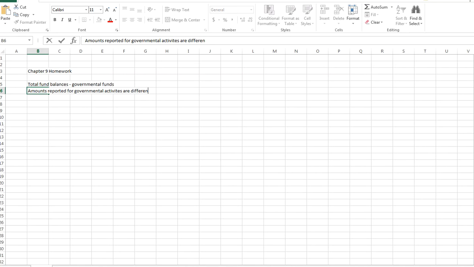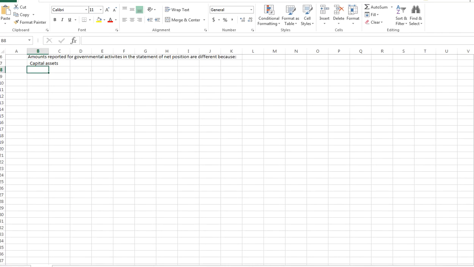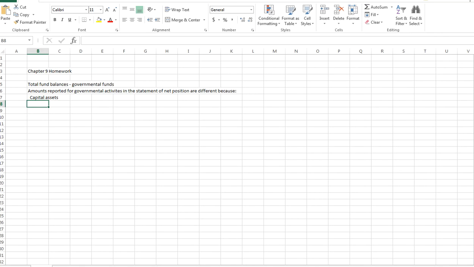They're wording it a different way, so I'll word it the way they do. Amounts reported for governmental activities in the statement of net position are different because, I love this reconciliation. And then we have capital assets, and then I'm going to go ahead and type in the rest of this and come back to you.